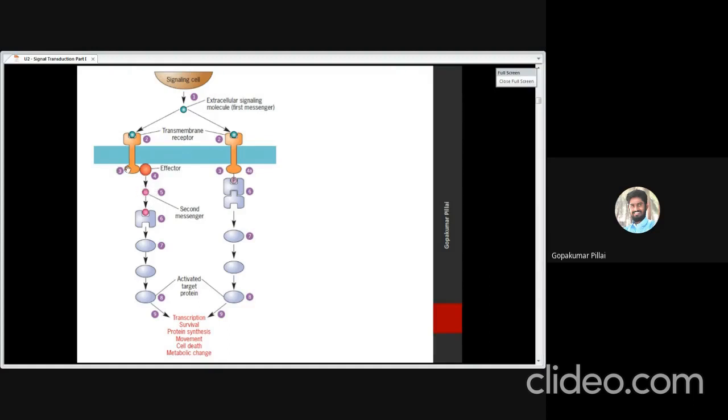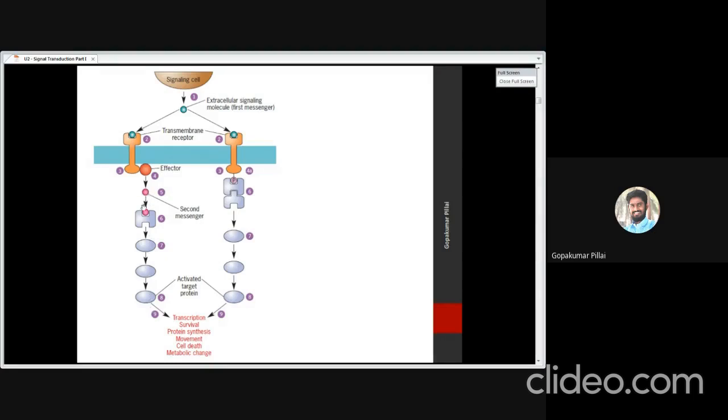So in one route, what is happening? The extracellular messenger came and binds to the receptor, the receptor gets activated, and the cytoplasmic domain gets activated. The cytoplasmic domain then interacts with a nearby enzyme called the effector, and the effector converts a substrate into a product, and the product is the second messenger. It is called the second messenger because it transmits the signal further into the cell interior.